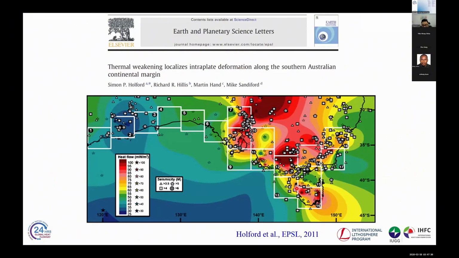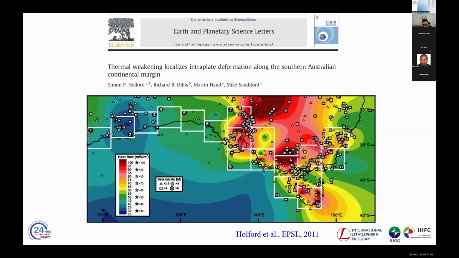This case is from Australia, as we can see. For the southeastern Australian continental margin, the heat flow is quite high. It's really interesting that earthquakes are also frequent.